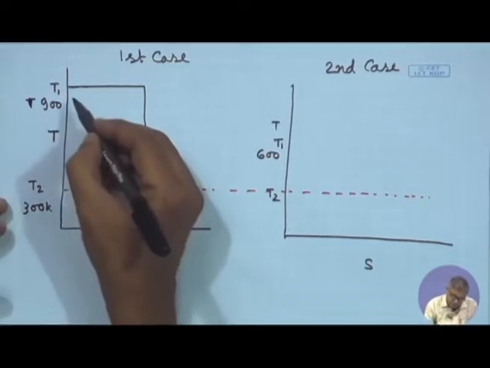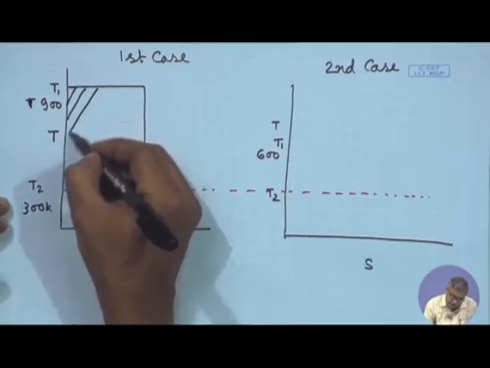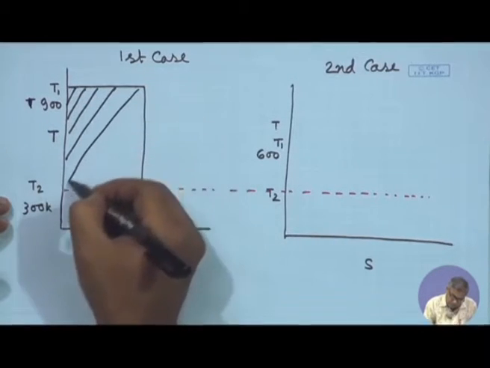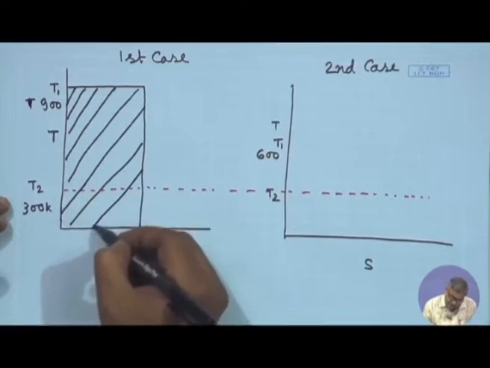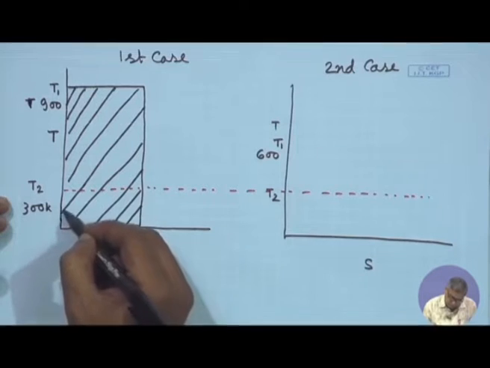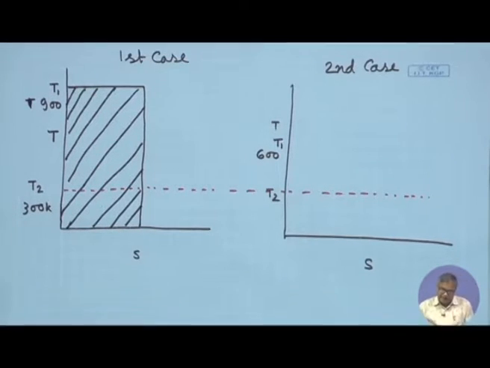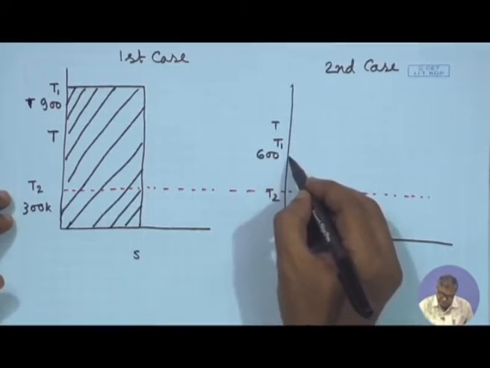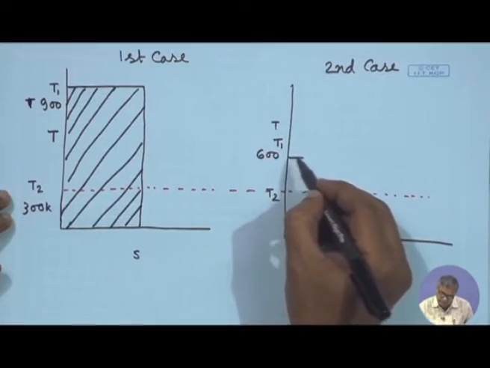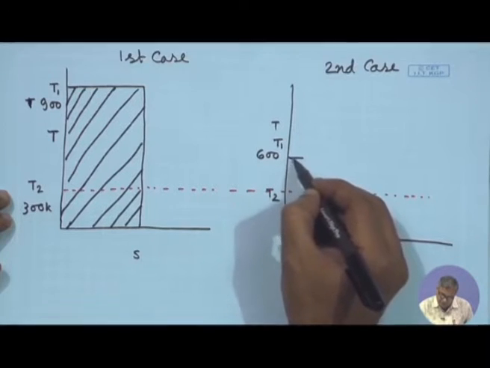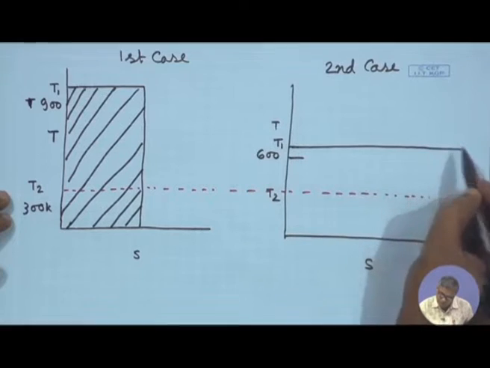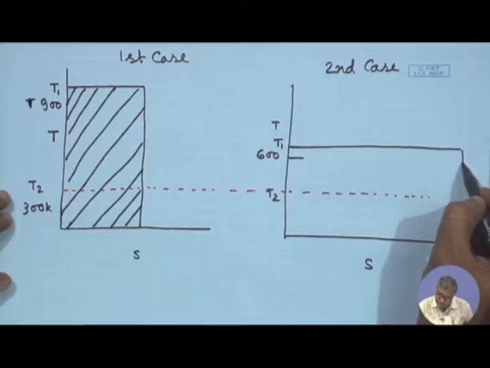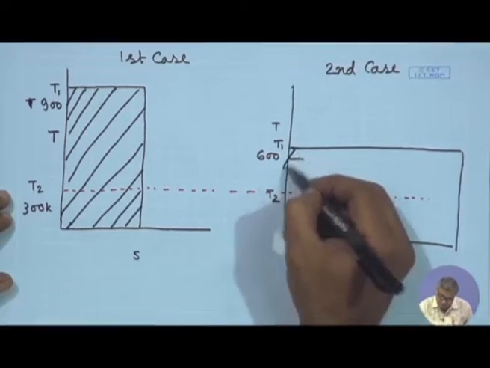And the way we have done earlier, let us put some sort of shading or hatching. So, this is the energy available in the first case. Here also 24 kilowatt of energy is available, but how will it be represented? Let us say from here. It will be something like this. Here also let us put the hatching.